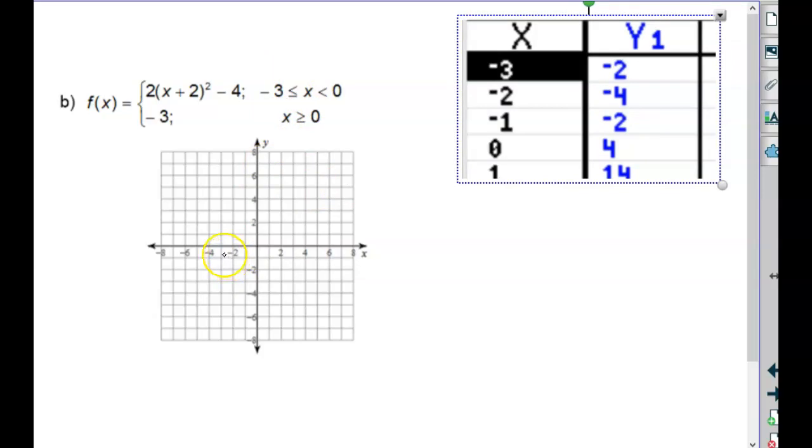-3, -2. Do I want a solid or open circle there? Yep. But at 0, 4, what do I want? Yeah, because when I put in a 0, at 0, 4, it's open. Okay, in between there, I had -2, -4, and -1, -2. So it's doing this little piece.